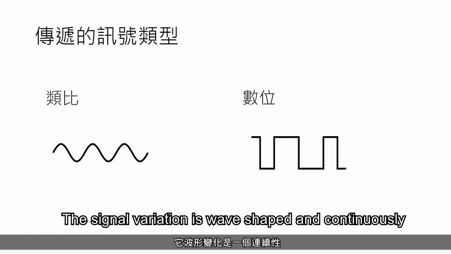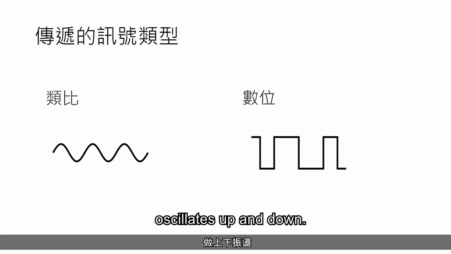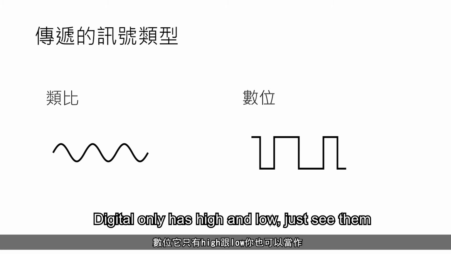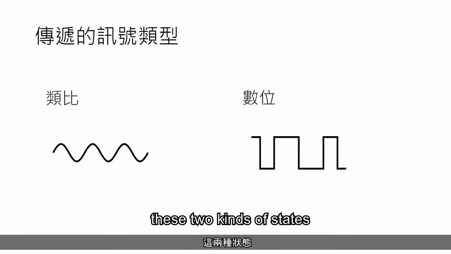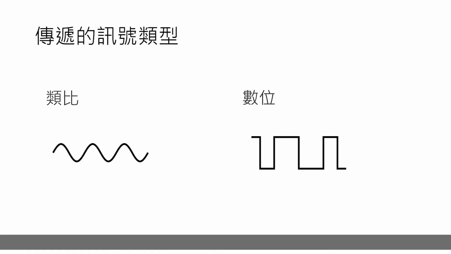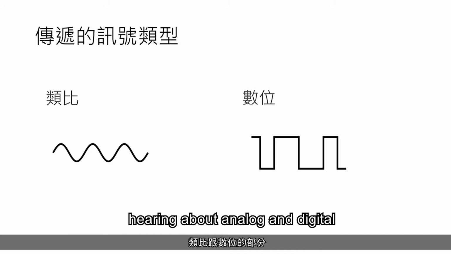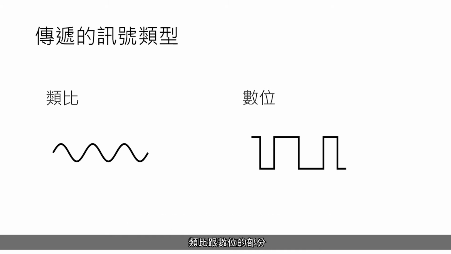The signal variation is wave-shaped and continuously oscillates up and down. Digital only has high and low, just see them. As 1 and 0, it has a high and low state. These two kinds of states, we call this digital. So for our following course, we will be often hearing about analog and digital.